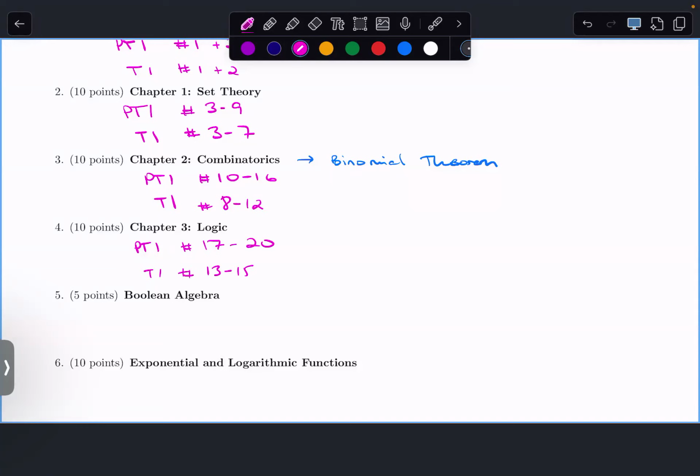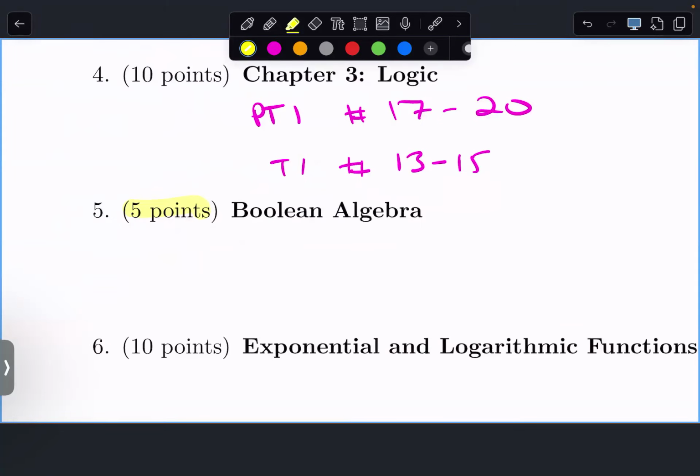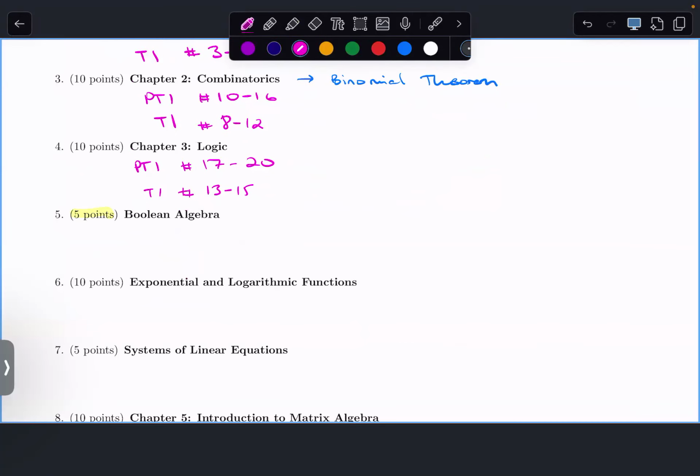Now, this is where we stray a little bit, and I'm happy to bump that up a little bit. For Boolean algebra, I've only got it at 5 points, as you've already noticed. Boolean algebra was pretty fun. You had to find the DNF and the sum of the min terms.